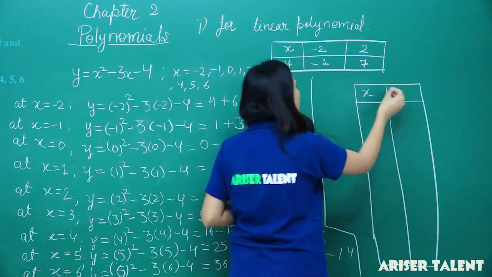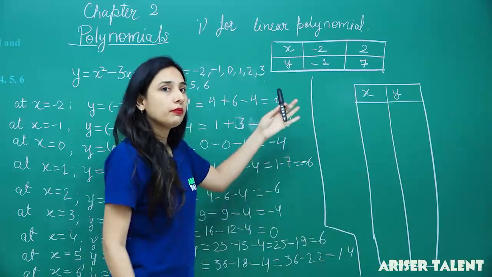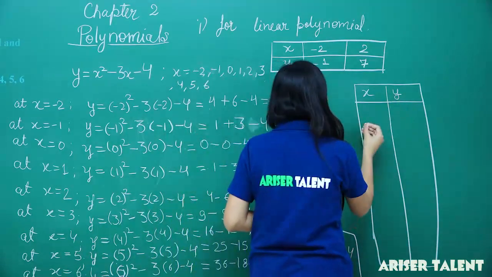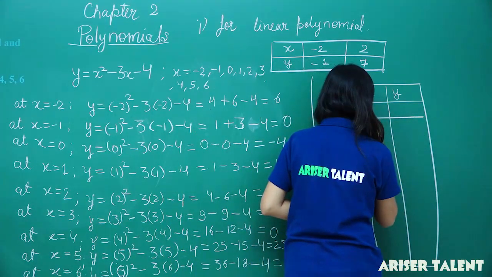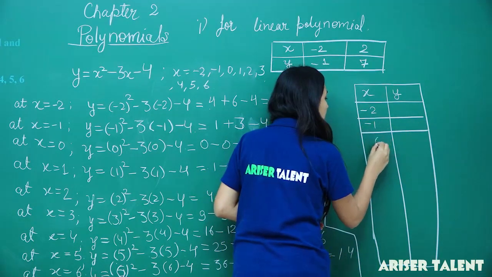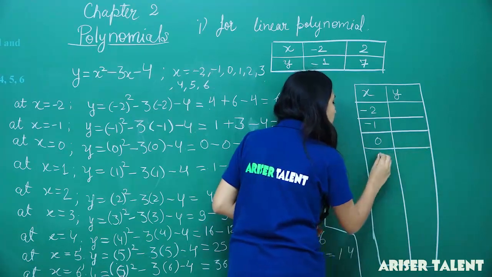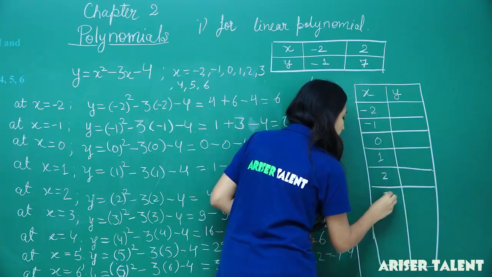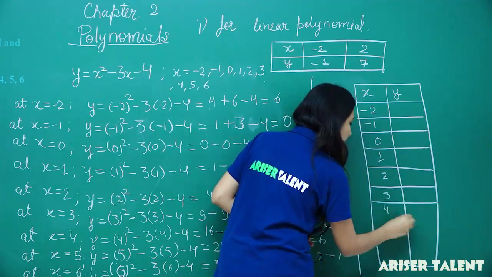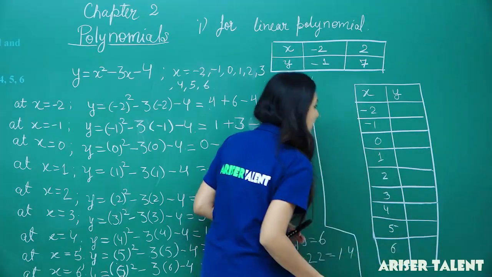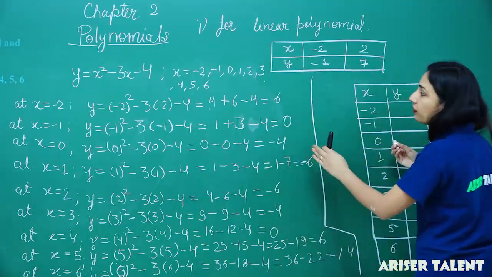I can make this table horizontally or vertically or in any way, okay, but the representation should be right. I have used values of minus 2, minus 1, 0, 1, 2, 3, 4, 5 and 6.